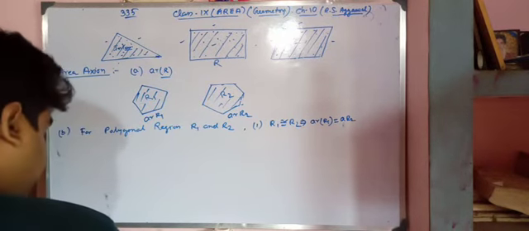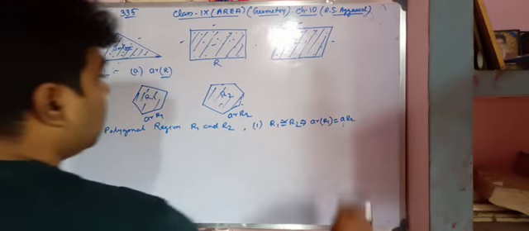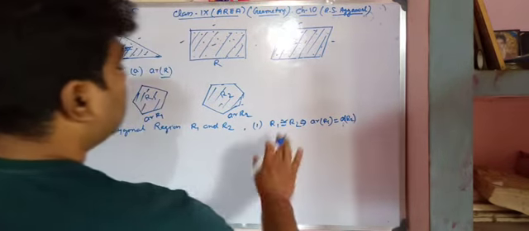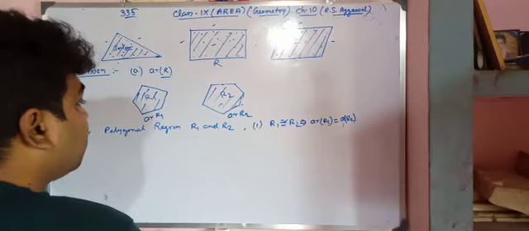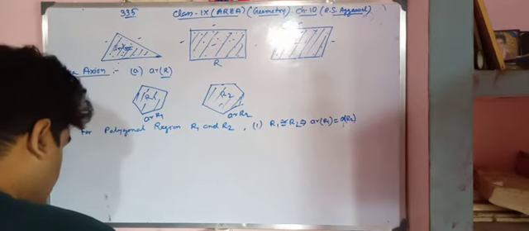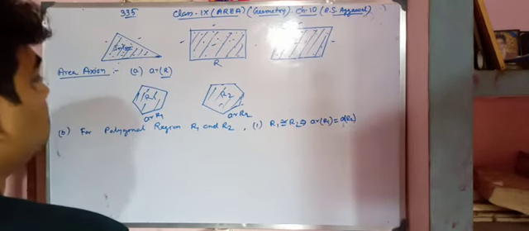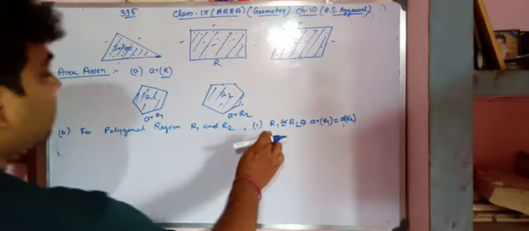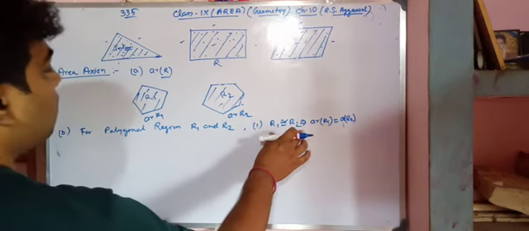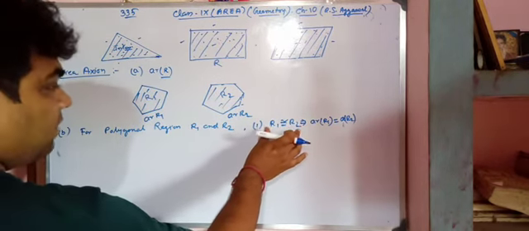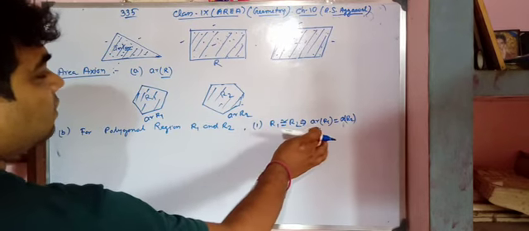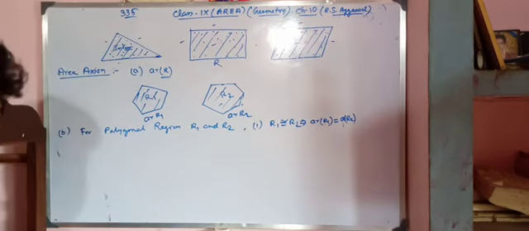If the regions are the same, then the areas of R1 and R2 should be the same.